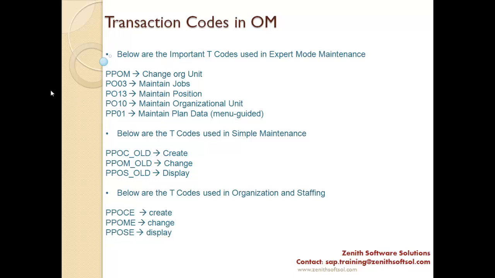These are the important transaction codes. In OM, basically we have three different ways to create the organizational structure, which I will be explaining in the next lecture. But since it is mentioned here, let me give you a quick brief about that.